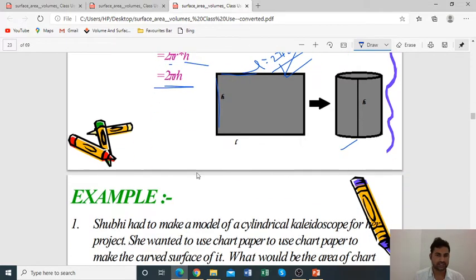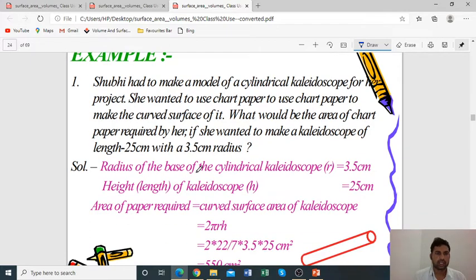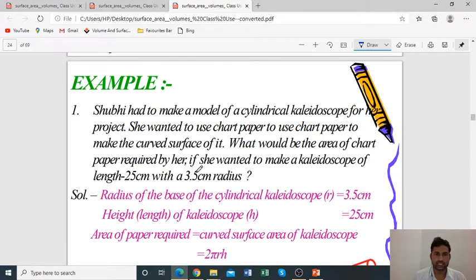Okay. Next, example first. She had to make a model of a cylindrical kaleidoscope. For her project, she wanted to use chart paper to make the curved surface of it.